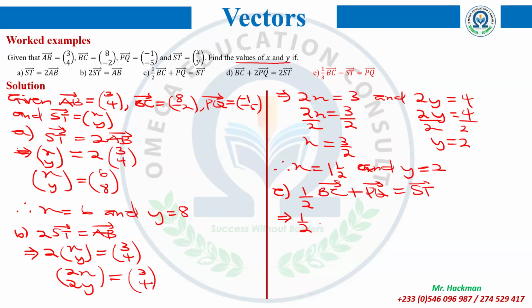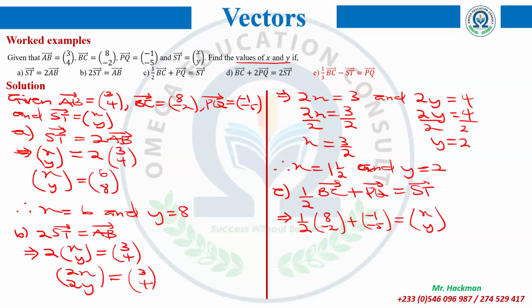The vector BC is (8, -2), plus the vector PQ, which is (-1, -5), is equal to the vector ST, our usual ST, which is (x, y). All correct? Okay, good. At this point, we are good to go.